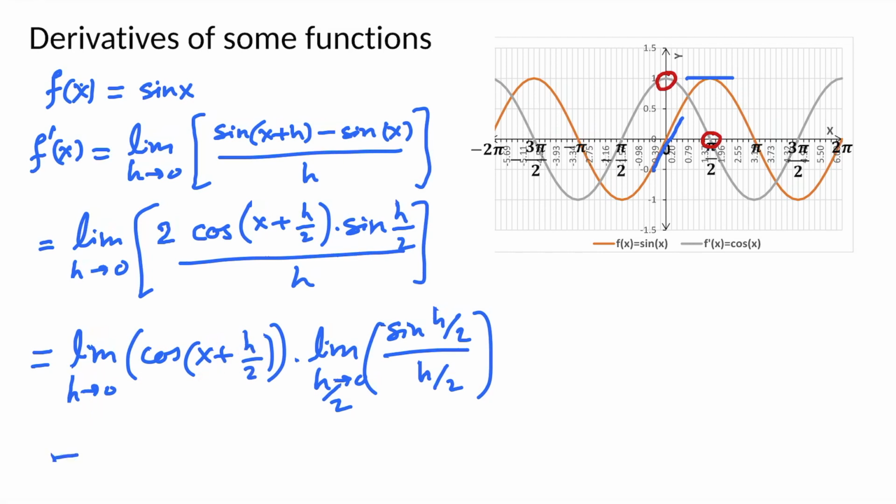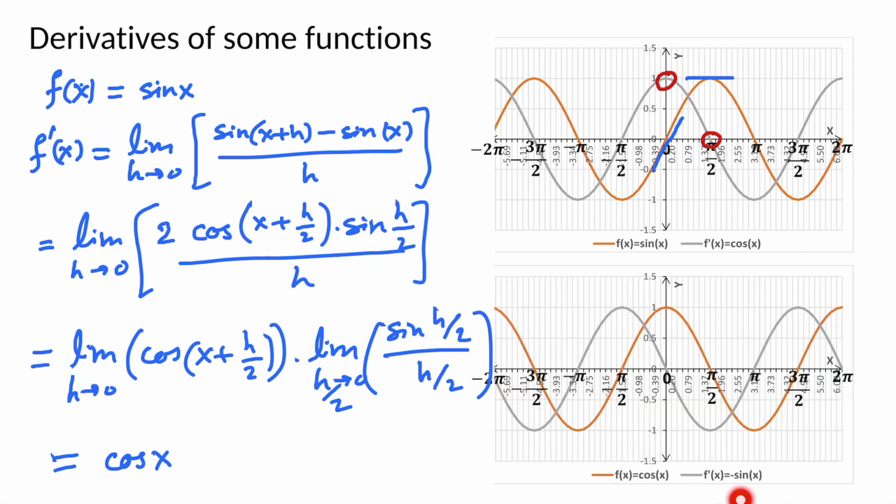So, we get this neat formula that the derivative of sine x equals cos x, and similarly you can derive the derivative for cos x, and it happens to be minus sine x, and you can again see that from visual inspection, as the value of the gray curve is nothing but the slope of the tangent on the orange curve.